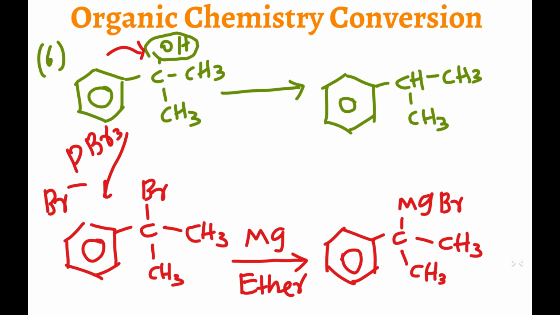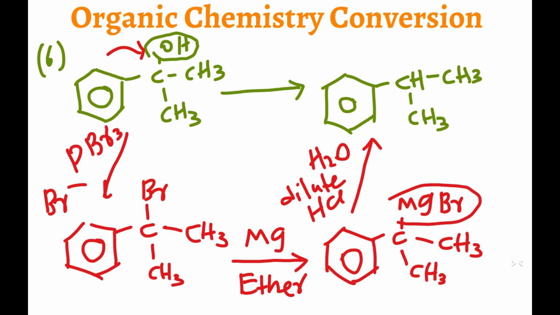Hydration reaction means we have to use H2O or dilute H2SO4 or dilute HCl. I use H2O or dilute hydrochloric acid. Then I can substitute a hydrogen atom for this MgBr group.